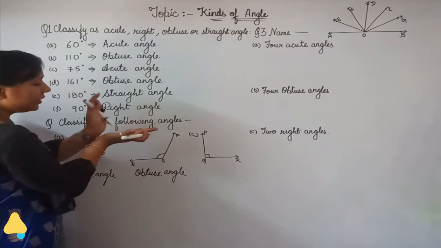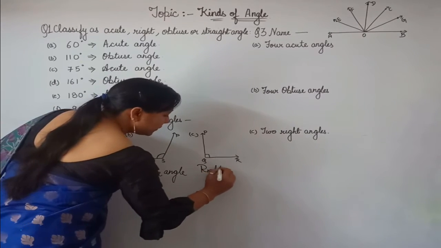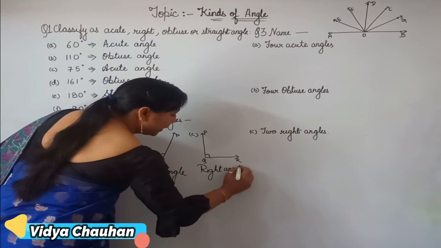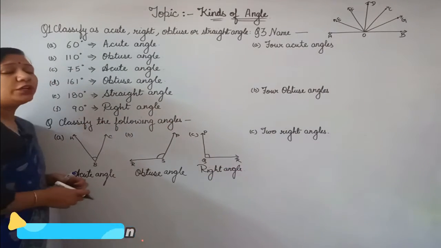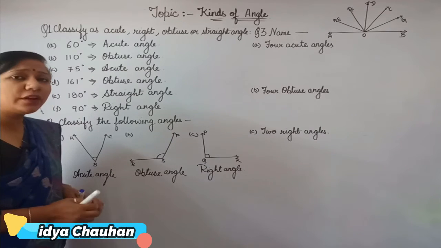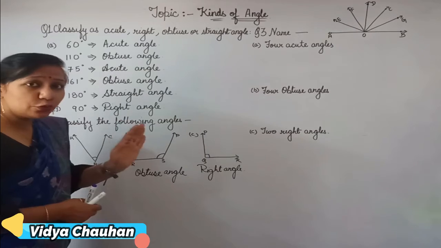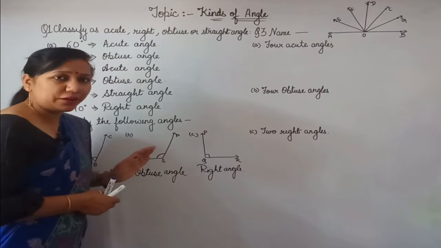That means they are at a right angle. So it is a right angle. Clear, students? So this is how you can easily identify an acute angle, obtuse angle or right angle on the basis of their figure only. There is no need of any protector or measurement required.